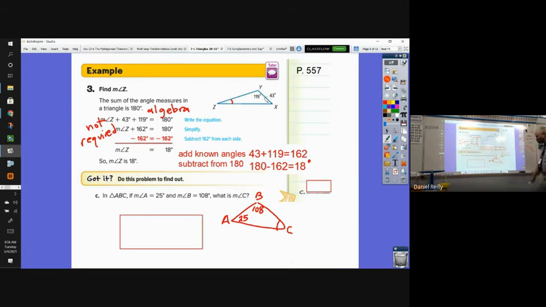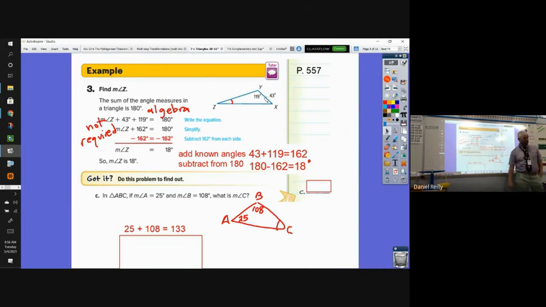Okay, Reed, go ahead. Add 25 and 108, and you get 133. The three of them together add up to 180, which means that the third angle is 180 minus 133, or 47 degrees.